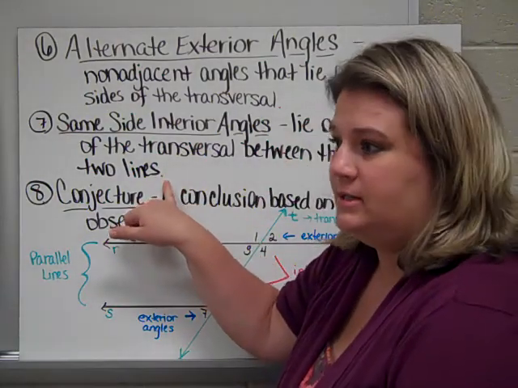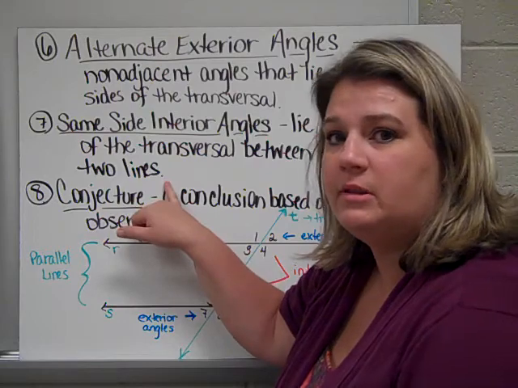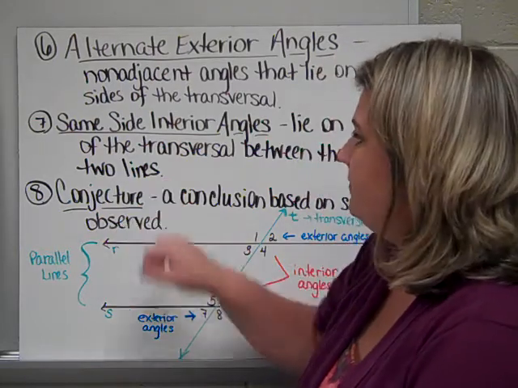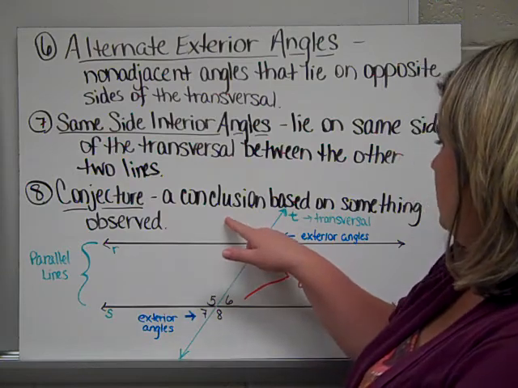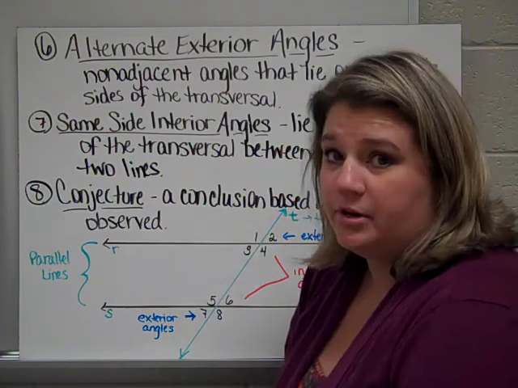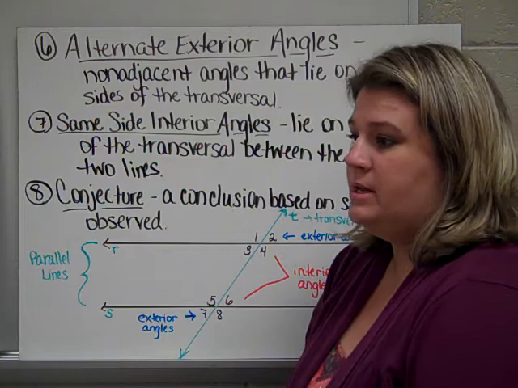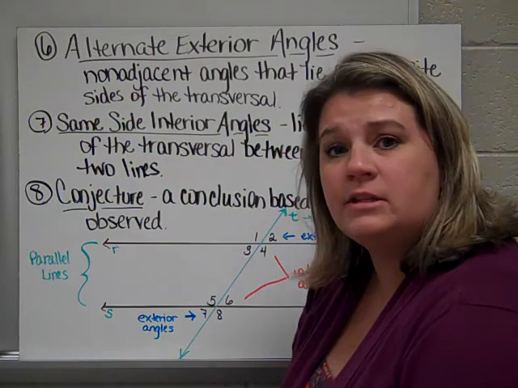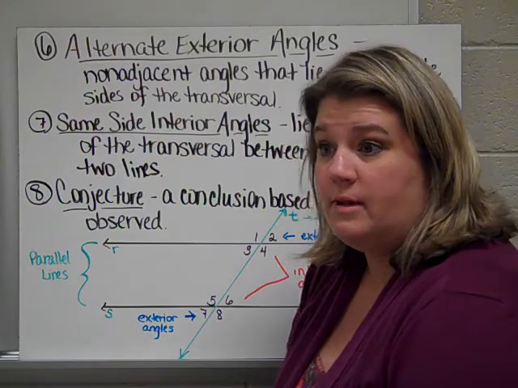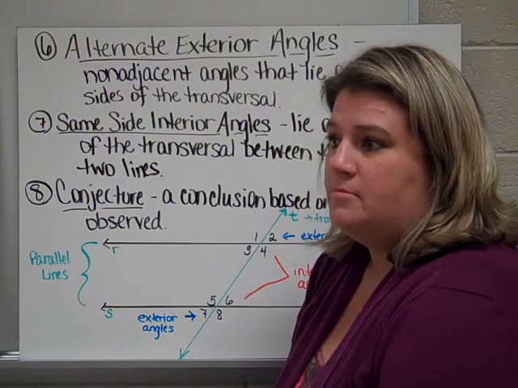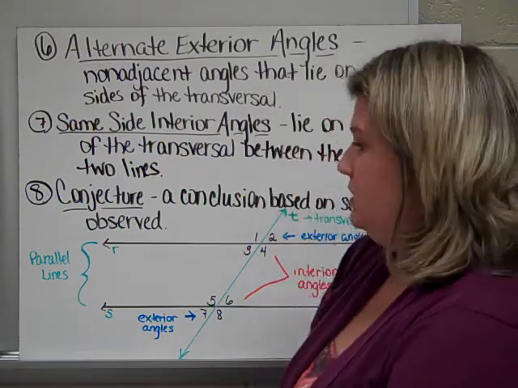Again, in this case, those other two lines are the parallel lines that we're talking about. A conjecture is a conclusion based on something observed. In this unit, you're going to be able to make some conjectures based on what you see by proving information.